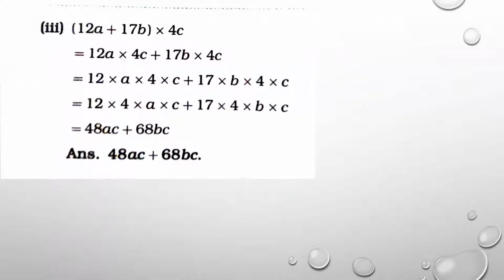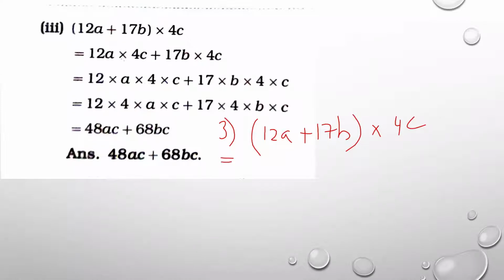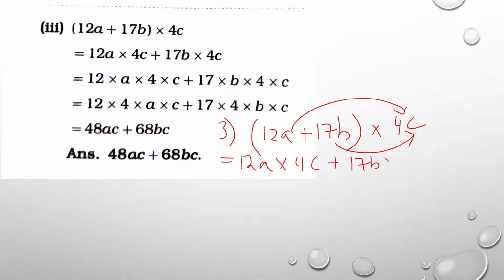Now let us solve the third sum. 12a plus 17b into 4c. First step, 12a you have to multiply with 4c, plus again 17b you have to multiply with 4c. Now solve it: 12 into a into 4 into c plus 17 into b into 4 into c.